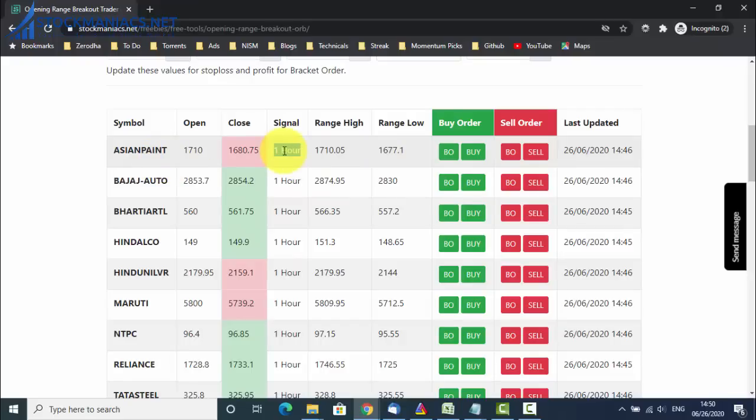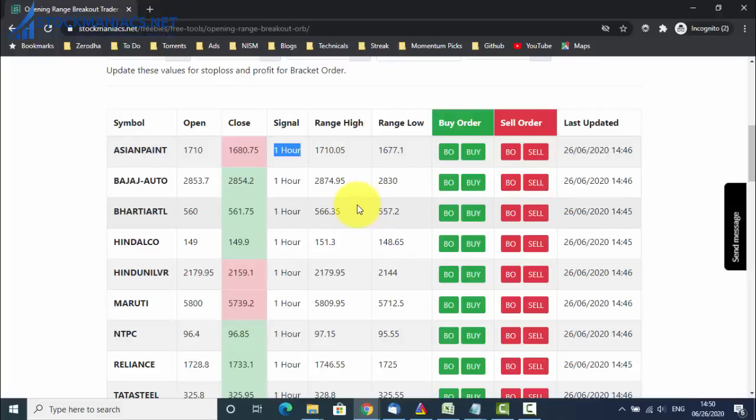So after 9:45 you will see 30 minutes over here. That is the first 30 minutes range. Once again, if the range gets broken, the name of that stock will be removed from this list. You need to refresh this page to see the current condition.